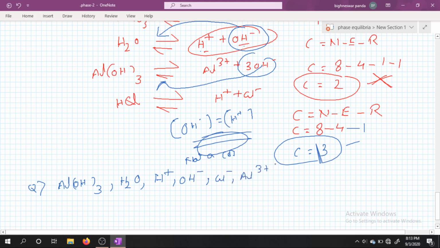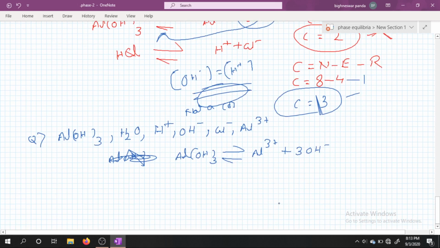So aluminum hydroxide is present, Al(OH)3, plus 3, and water is also present.